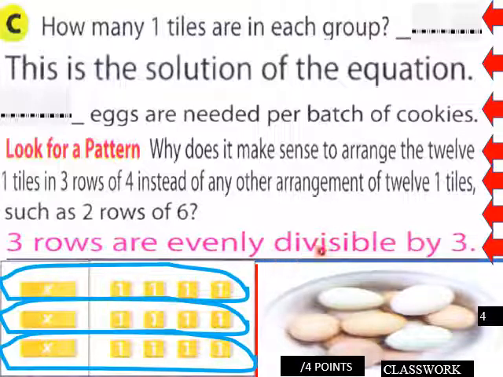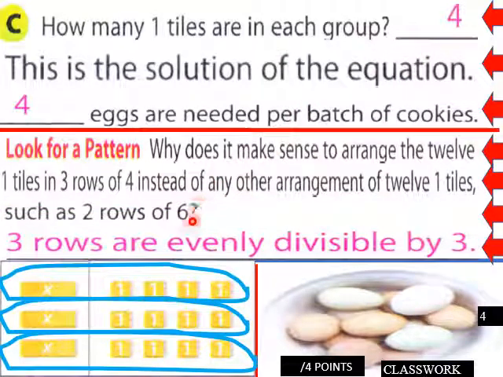So we're already dividing here by 3. In a way, by putting them in 3 rows, we've already divided them by 3. And by the way, there are 4 eggs needed per batch. So how many 1 tiles are in each group here? There's 4 tiles in each group. Okay, that's nice to know.